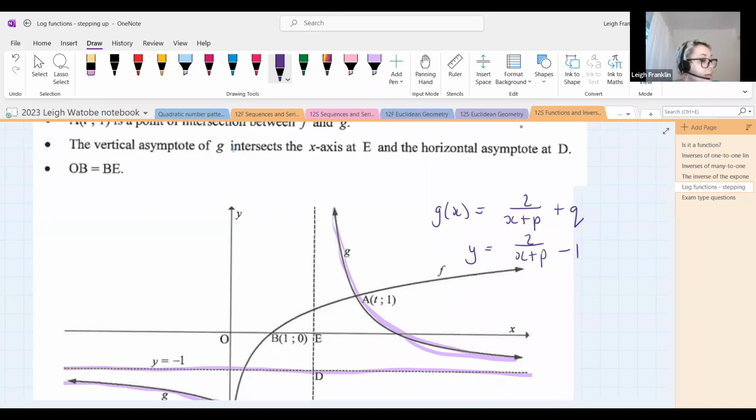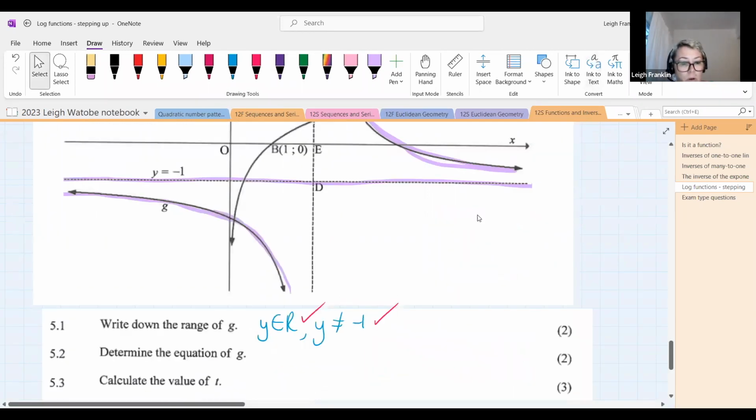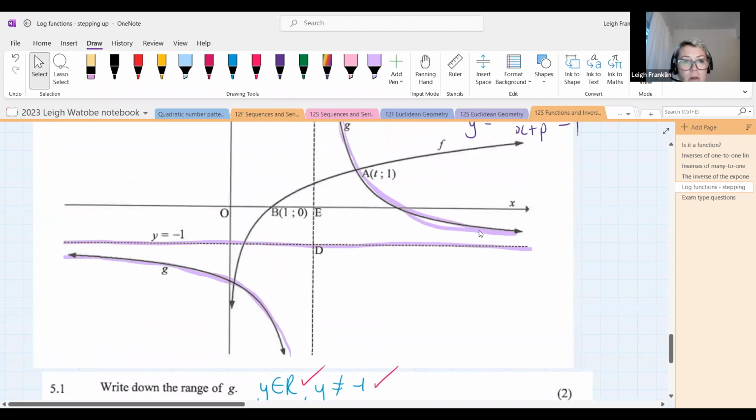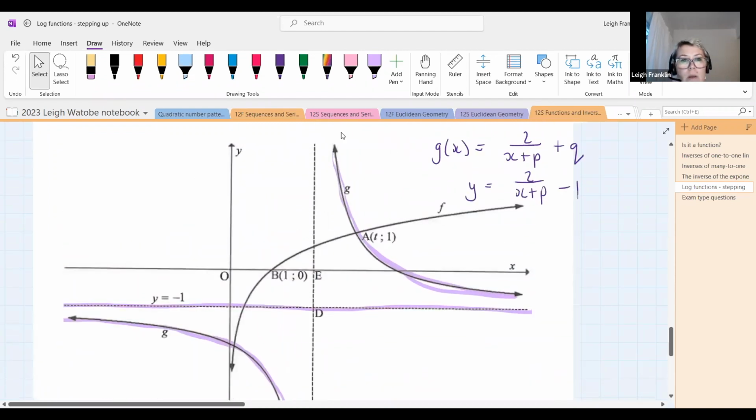Can anybody tell me what the coordinates... Yes, Nolutando, go for it. Hi, ma'am. We're going to use that information that they gave us, that OB is equal to BE, to find the coordinates of E, which is going to be 2 and 0.